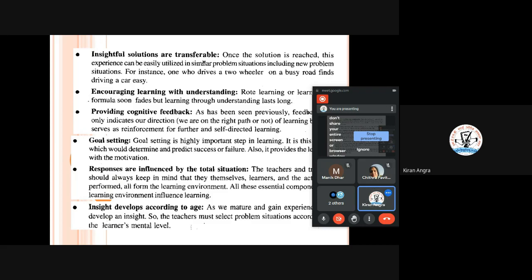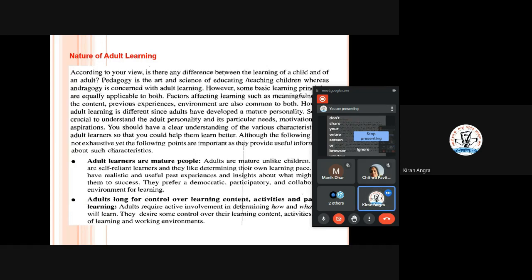Now we move to the next topic taken in this unit, the nature of adult learning. We all understand there is a difference between the learning of a child and an adult. Adults have developed a mature personality.